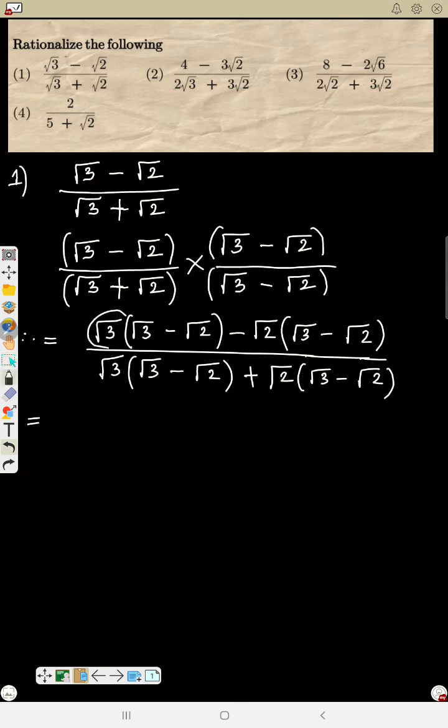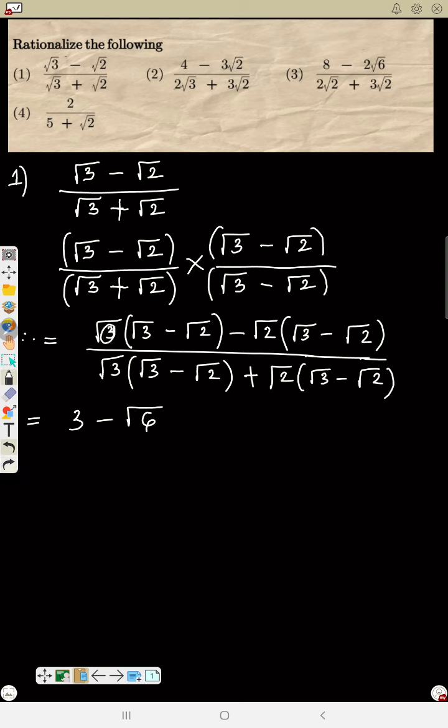So based on the rule here, square root of 3 times square root of 3, that is square root of 9, but we can say 3. Then minus square root of 3 times square root of 2, that is square root of 6. That is 3 times 2, that will give us 6. Like the first one, 3 times 3 is square root of 9, and square root of 9 is 3.